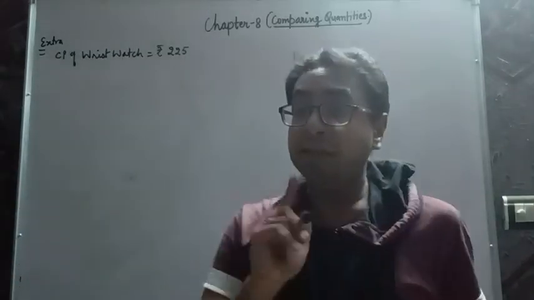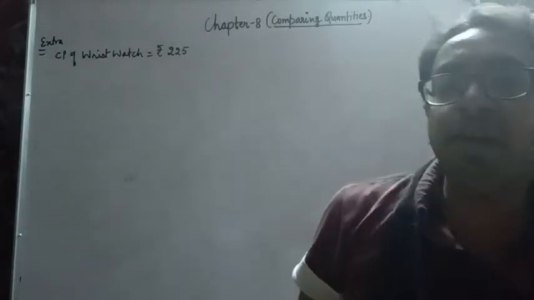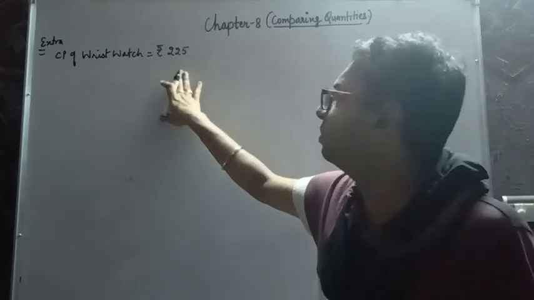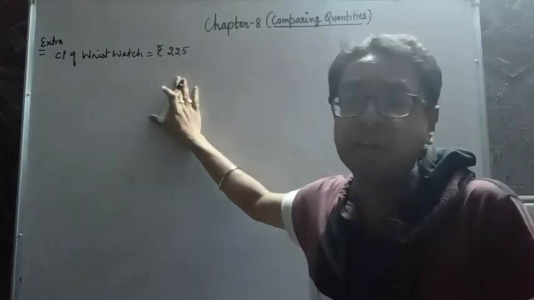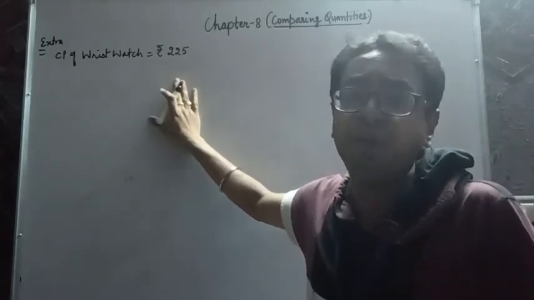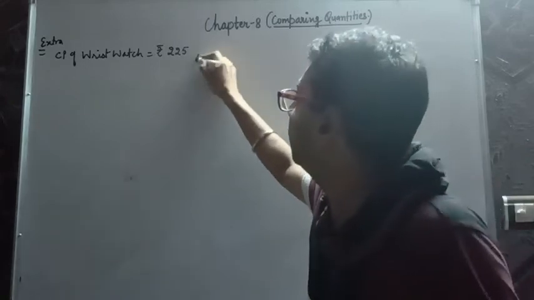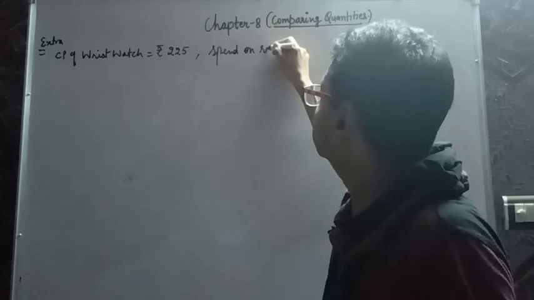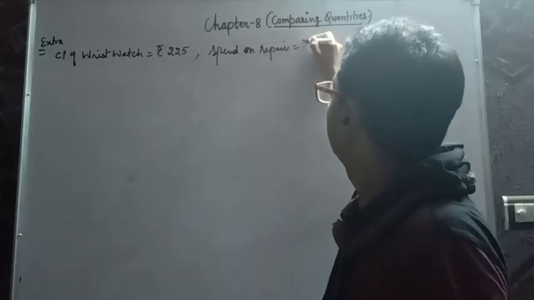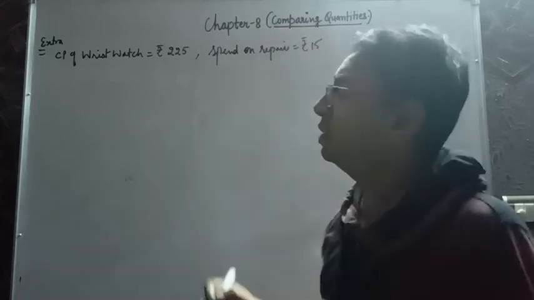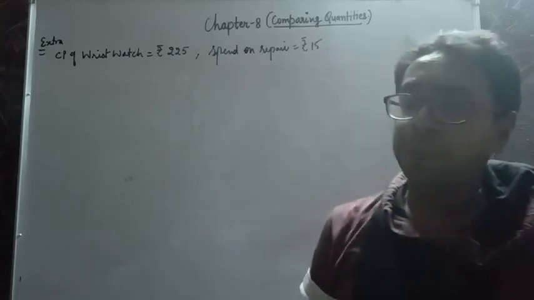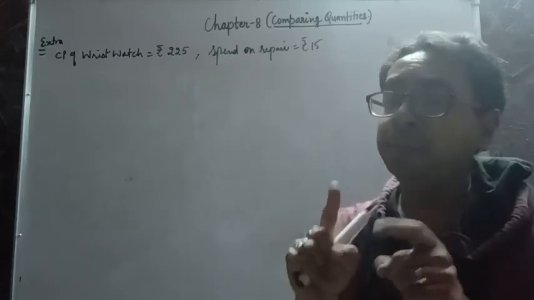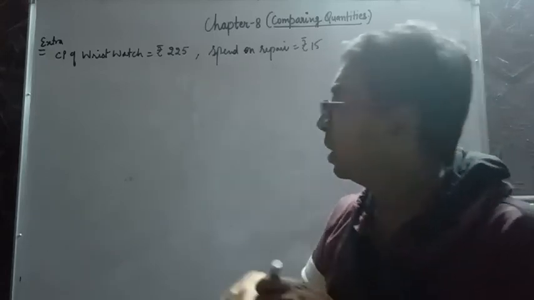Understand? Now what happened? I bought it, but later on I found there is some maybe defect in that wristwatch, and I went for the repairing of that wristwatch, and I spent on repair approx rupees 15. Understand? Now tell me, if I'll be selling this wristwatch to somebody, what do you think?